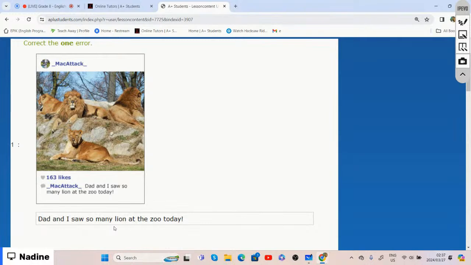All right, then if we choose the correct word that needs to be fixed, it says, my dad and I saw so many lion at the zoo today. And if you count the amount of lions that is there, we already have 4 lions, right?